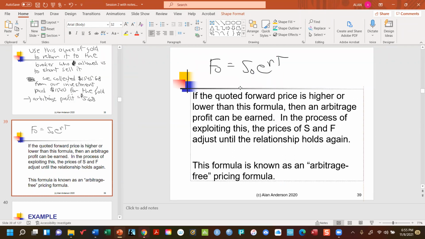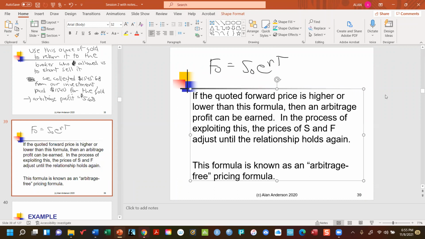All right, so we often see in the derivatives markets, these pricing formulas are called arbitrage-free formulas, which simply means that if they're violated, then investors will be able to earn risk-free profits through arbitrage, and the prices will adjust themselves until pretty quickly they will hold again, or at least this relationship will hold again.